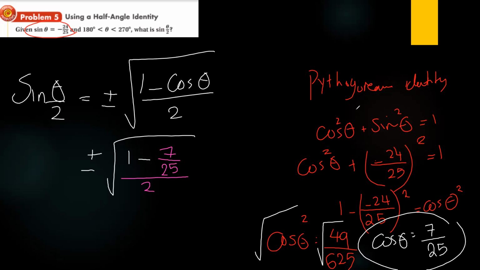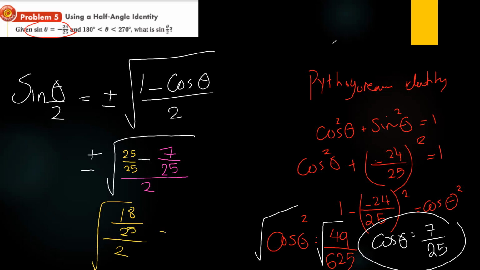So 1 minus 7 over 25, when I make them the same denominator, it will be 25 minus 7, 18 over 25, over 2.